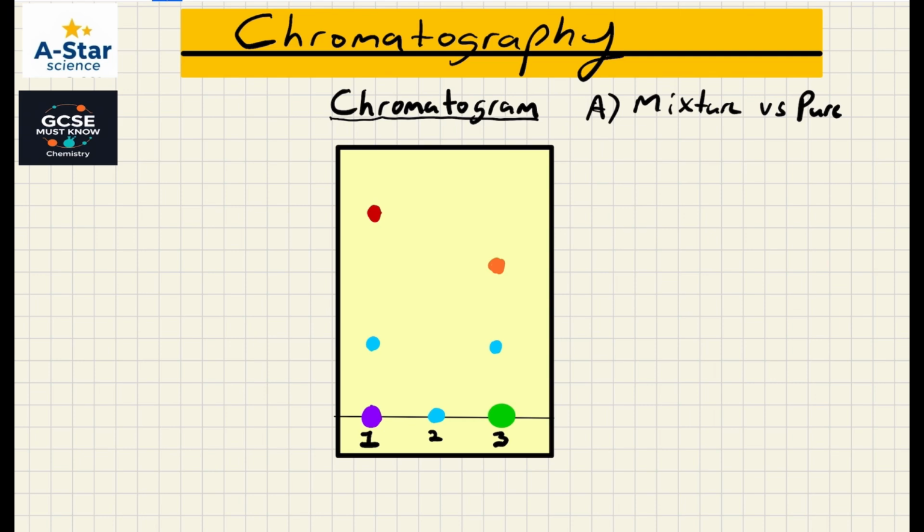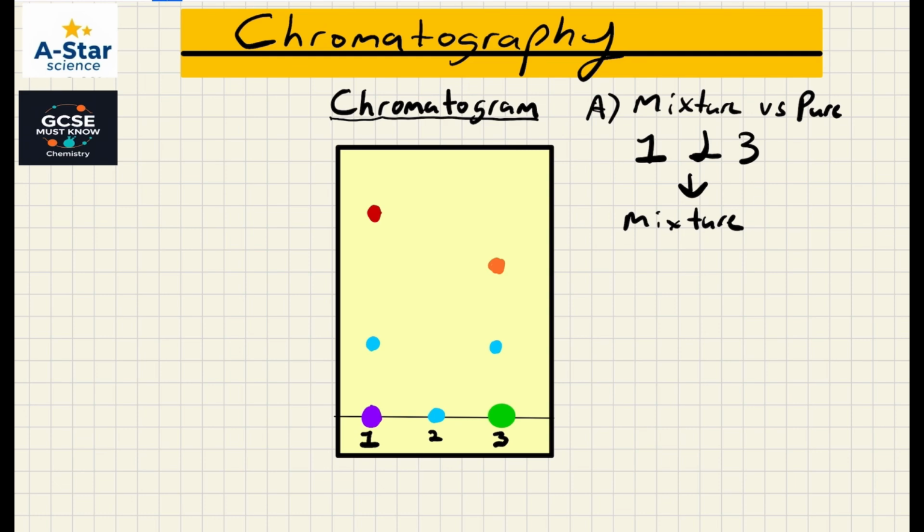Well, we know that number 1 and 3 are mixtures, because they have more than one color present. Number 1 has 2 colors. Number 3 has separated into 2 colors as well. So that means it's a mixture.